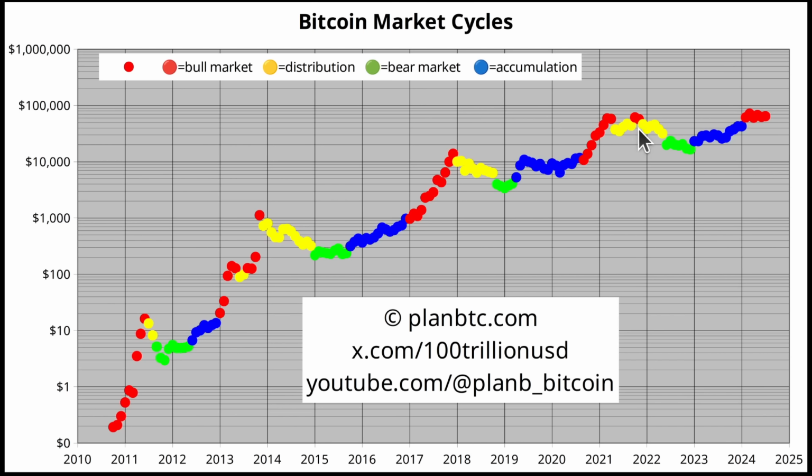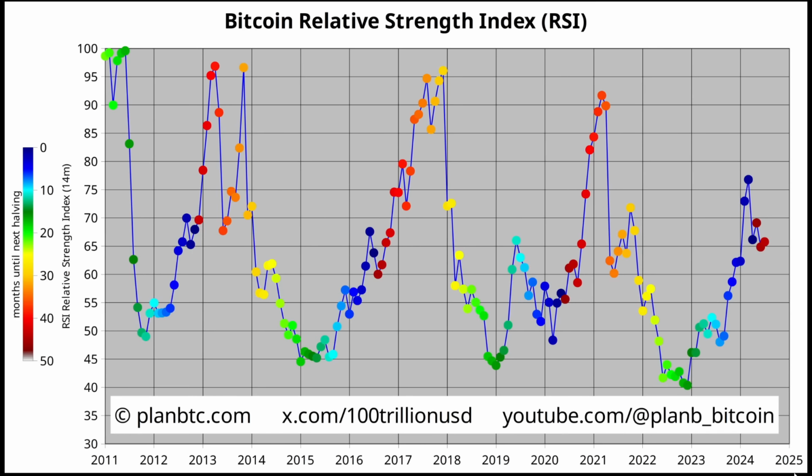So for now, it's still in there, and that will be very interesting when in 6 or 12 months time, I don't know, we'll encounter that yellow dot, whether that's a fake end of the bull market or a real end of the bull market sign. But as I said, I'll let you know. And I use this model a lot as one of the two main models. Now let's go to the two technical analysis models.